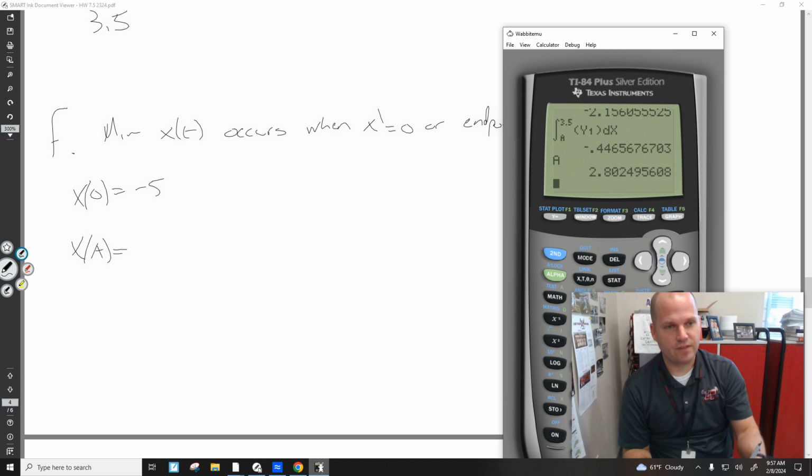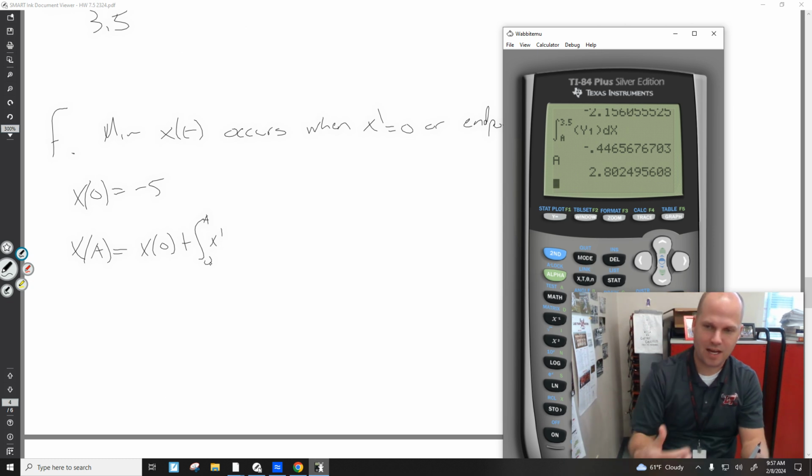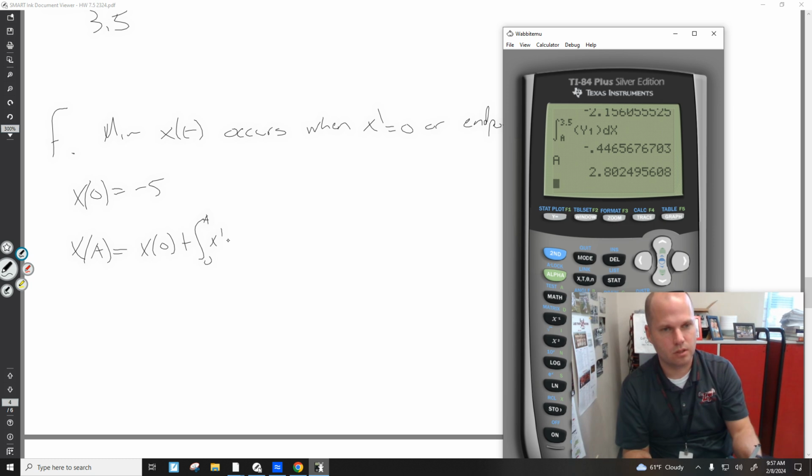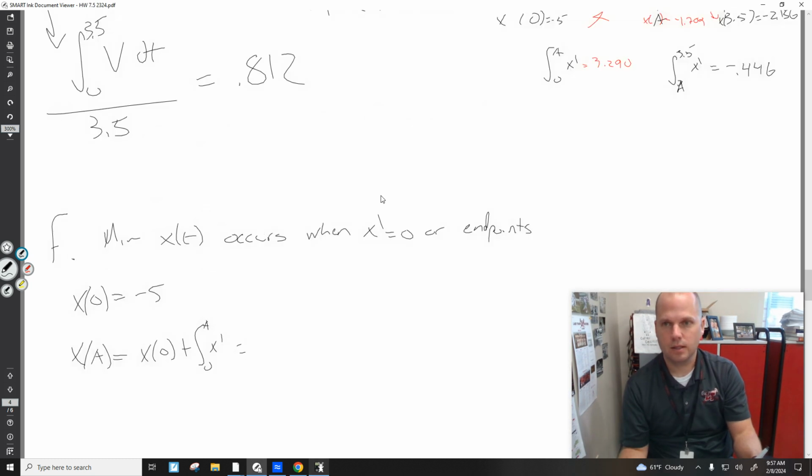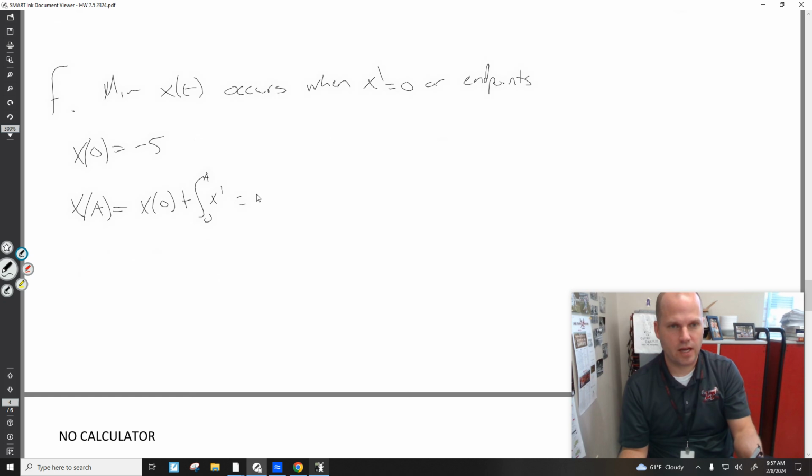How did you find x of A? You had x of 0. You added your accumulation of your velocity. You added your displacement. You added a change in position. You got negative 1.709.